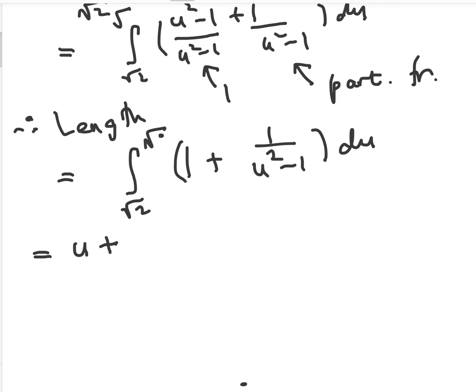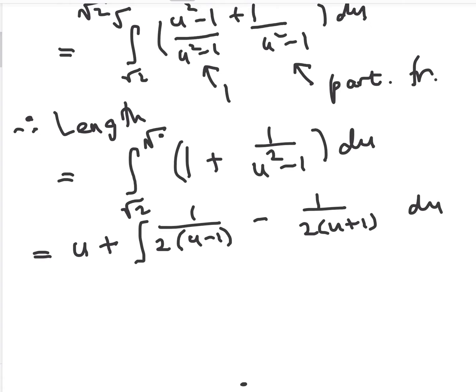And if you write 1 over u squared minus 1 as partial fractions, that means write u squared minus 1 as u minus 1, u plus 1, without getting into much detail, this will become 1 over 2 into u minus 1. That's the second integral. Minus 1 over 2 into u plus 1. The second part will still have to be integrated with respect to u.